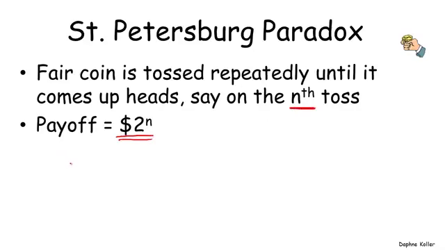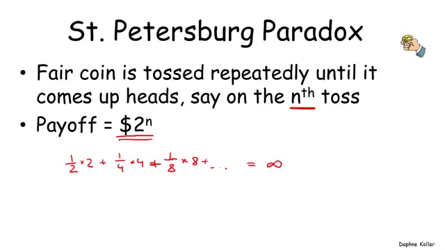Well, the probability that it comes up heads on the first toss is half, and then you get $2. The probability that it comes up heads for the first time on the second toss is a quarter, and the payoff here is $4. Third toss is an eighth times $8, and it's easy to see that the expected payoff over here is infinite.